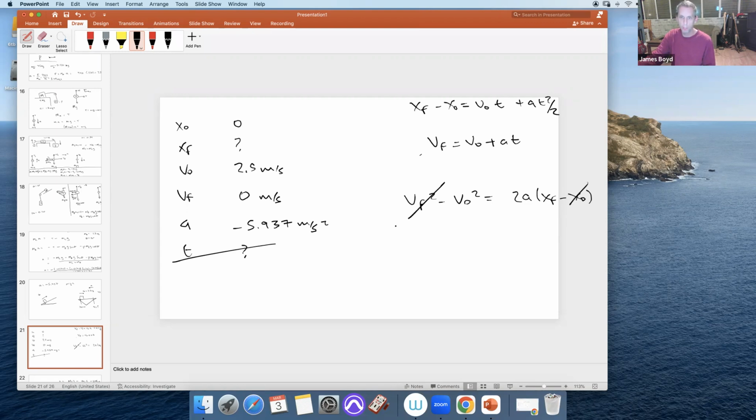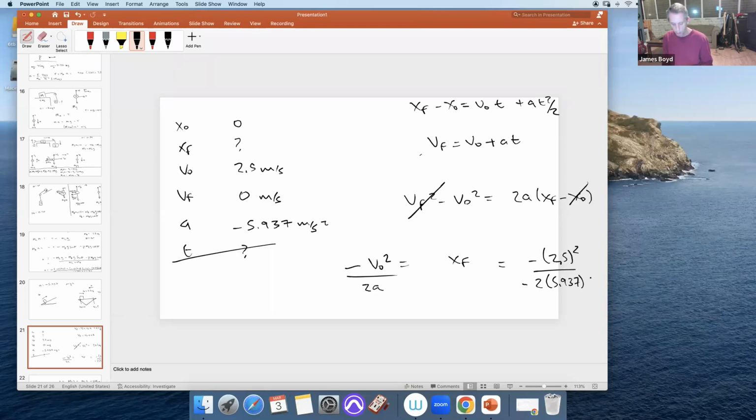X initial is 0. So I get negative v naught squared is 2a x final. Divide both sides by 2a, and this goes away. And what I get is negative 2.5 squared over 2 times negative 5.937.